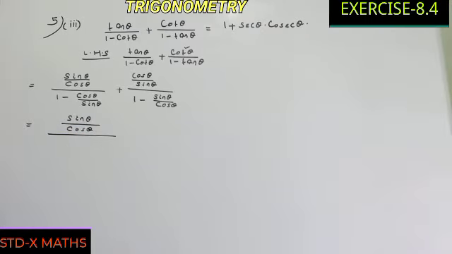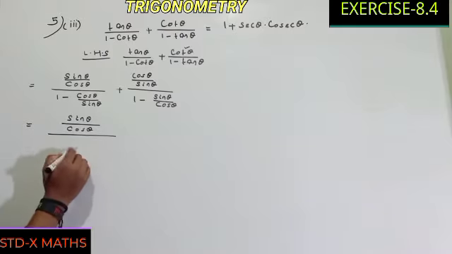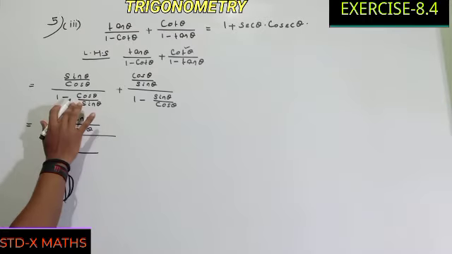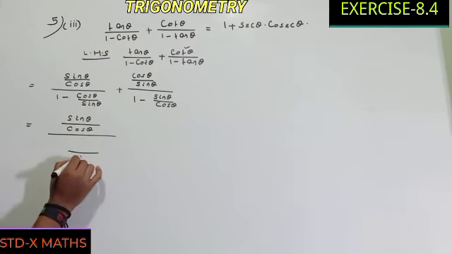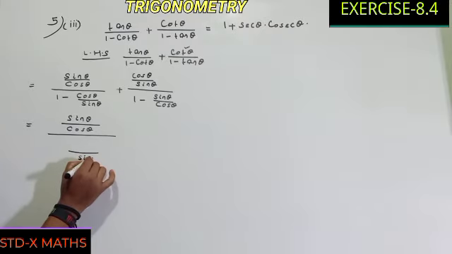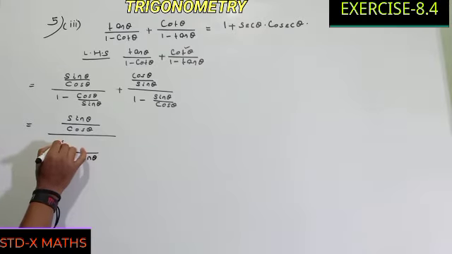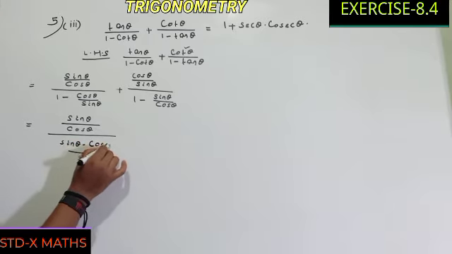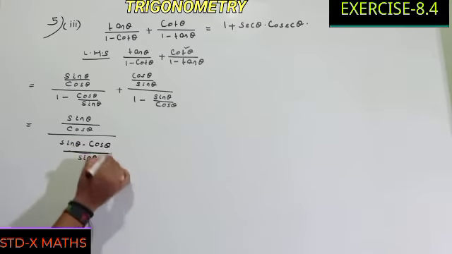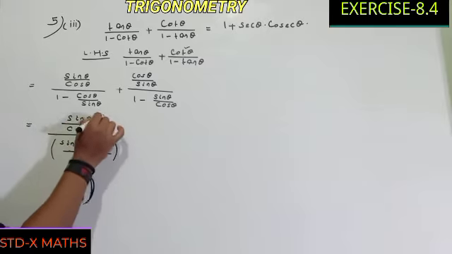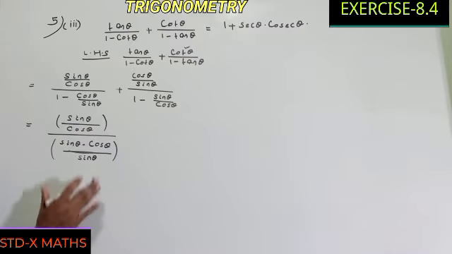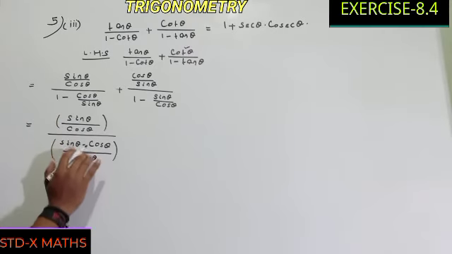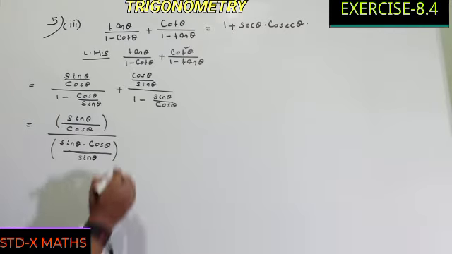Here, clearly see, it is 1 minus cos theta by sin theta. Here I am taking the LCM, which is sin theta, and the upper one becomes sin theta minus cos theta. Understood perfectly? I am using brackets so that you can easily understand. The upper one is one rational form, and the below one is another rational form.